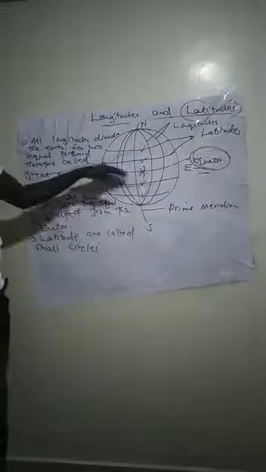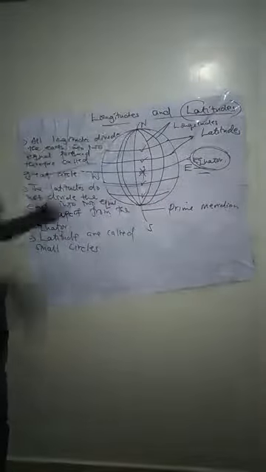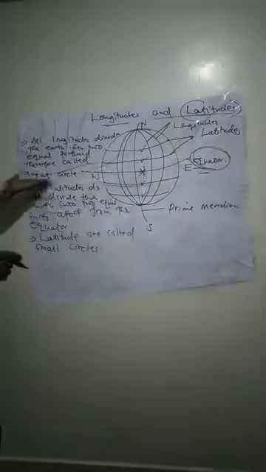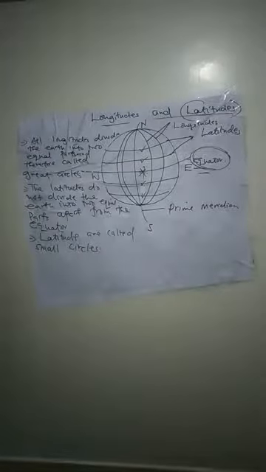Since the equator divides the Earth into two equal parts, and in the case of the longitudes, all the longitudes divide the Earth into two equal parts, that is why they are called great circles. We can therefore conclude that the equator is the only latitude that is a great circle. Why? Because it divides the Earth into two equal parts. You can capture that.